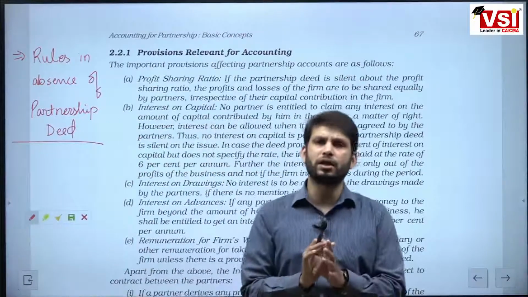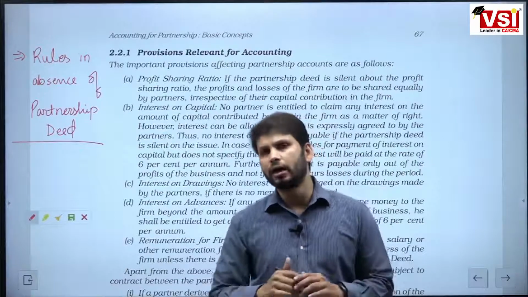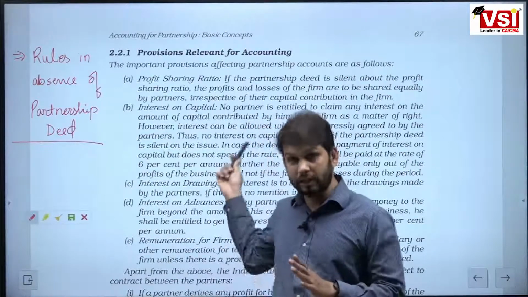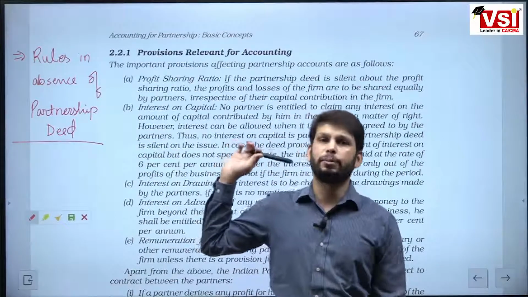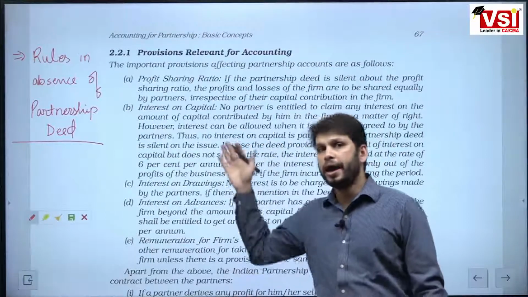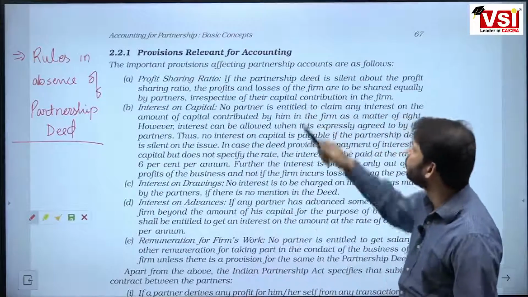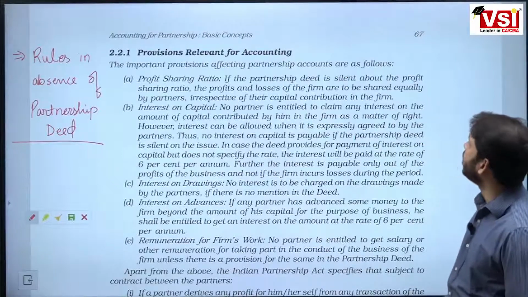That means if the partnership deed has no express agreement about these points, then the Partnership Act 1932 has given these rules. The important provisions affecting partnership accounts are as follows.